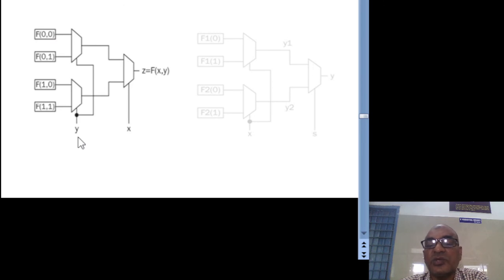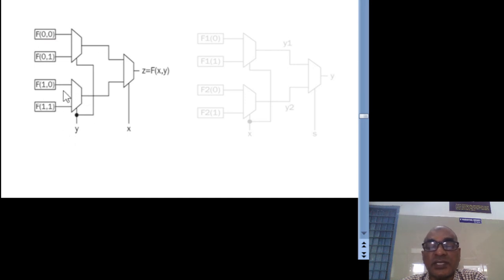Based on the y value, one of these two inputs is connected to the next level. Similarly, based on the x value, one of the second level inputs is connected to z. The connection is f of 0 0, f of 0 1 as the first multiplexer inputs, and f of 1 0, f of 1 1 as the second multiplexer inputs.